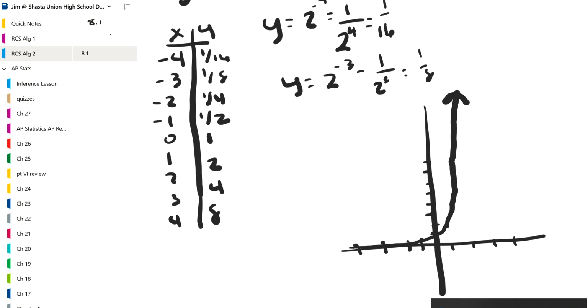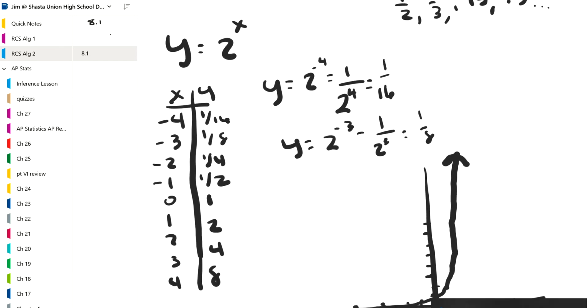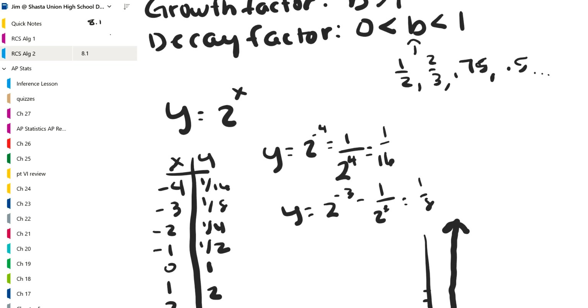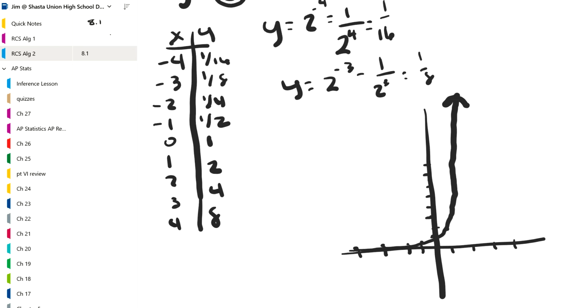Now, if you go back up to the growth factor, you see that my b, which is this number right here, is greater than 1. So that means from left to right, this graph should be growing if it's a growth factor, and indeed it is. Okay? So just a few things right here.